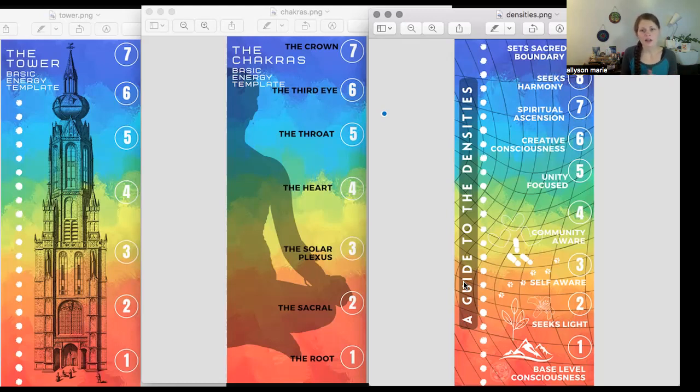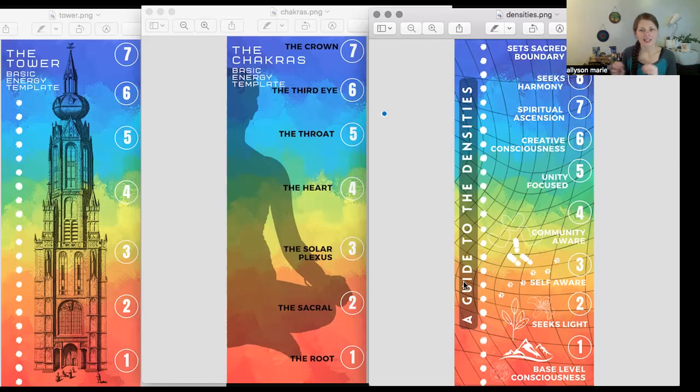The sacral chakra is aligned with the color orange, and it really has to do with emotions, passions, fluid flowing, how you ignite your fire, and how you express yourself within relationships and social settings, and those more emotional instances and interactions. That has to do with the second chakra.